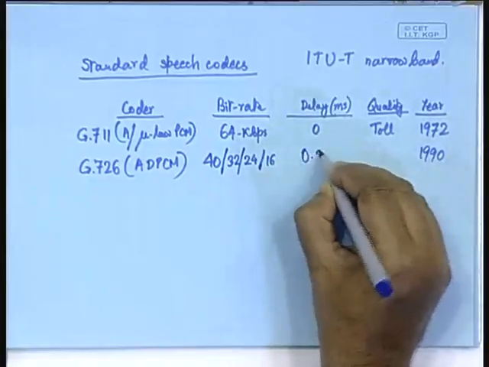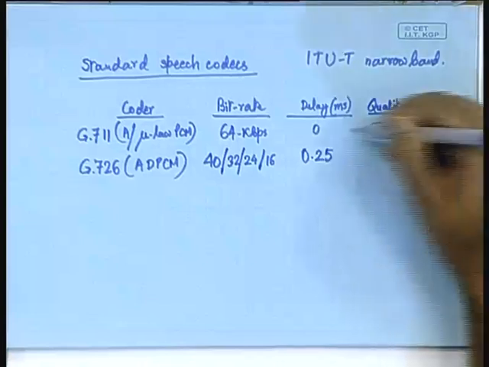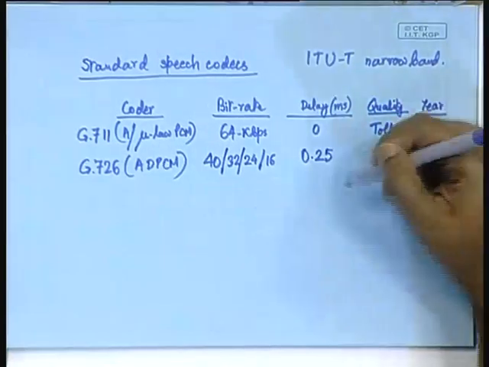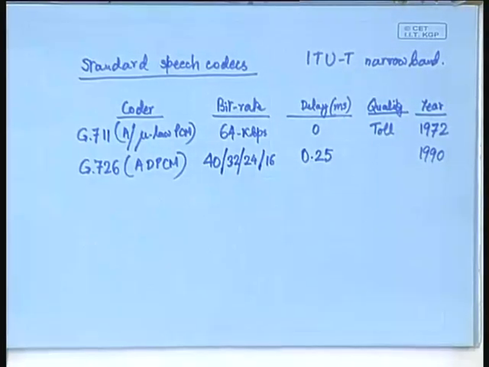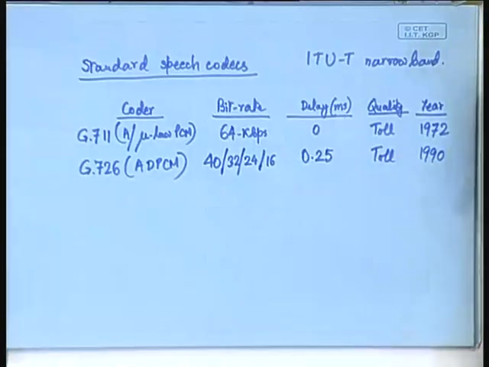So, obviously, you need to have some storage, and as a result of that, it gives rise to delays which are of course marginal, because in terms of milliseconds it is just 0.25 milliseconds of delay, which is worse than PCM, but somewhat better, and the quality of that is also a toll quality.